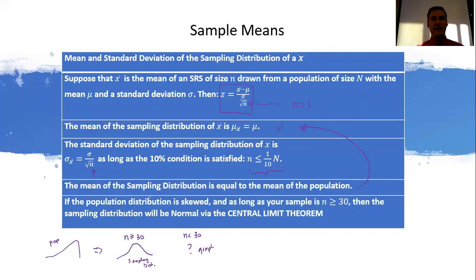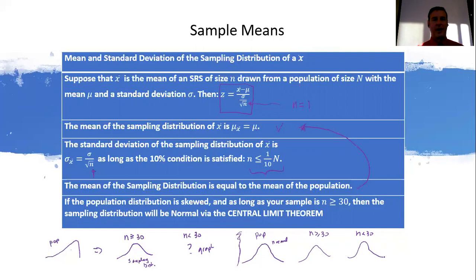Something also to keep in mind is this. This is only needed if your population distribution is skewed. If your population distribution, and sometimes we don't think about this, is normal or approximately normal, it doesn't matter if your n is bigger than 30 or less than 30, these are going to be normal too.